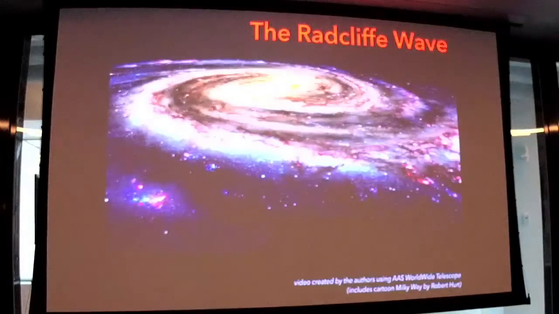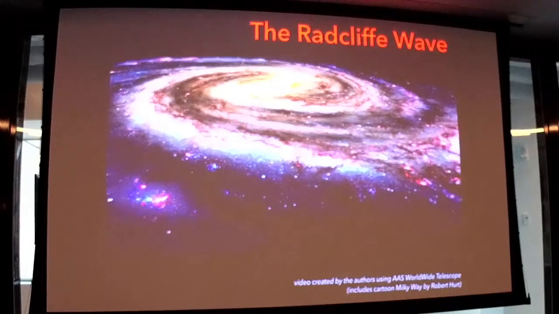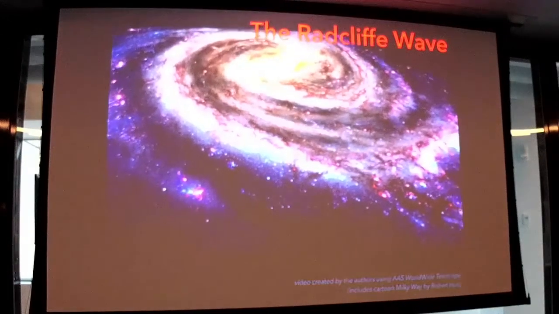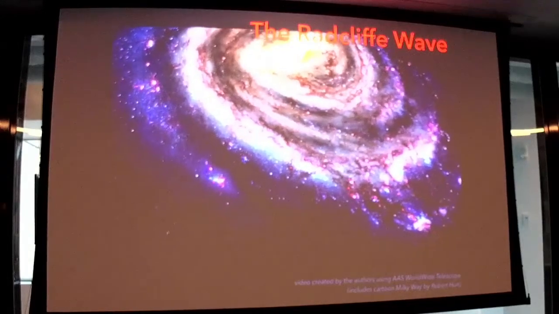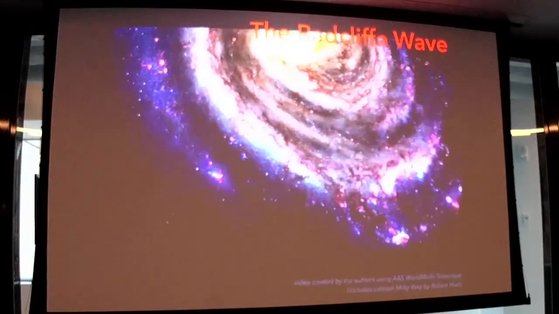Okay, so this is something called the Radcliffe Wave that you're going to hear about. This is a cartoon model of the galaxy, our galaxy, which we live in, so it makes it very hard to make an image of it because we can't get outside of it, and we're in the disk of the galaxy. So this is sort of a data-motivated cartoon. And then what I'm going to show you is what we found. You're going to see some red dots appear on the screen very soon.